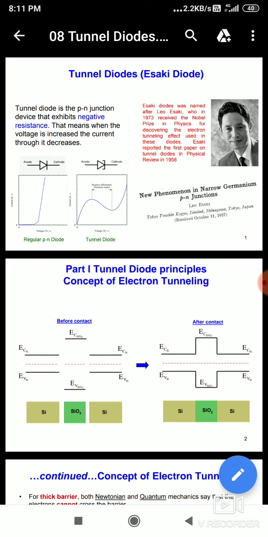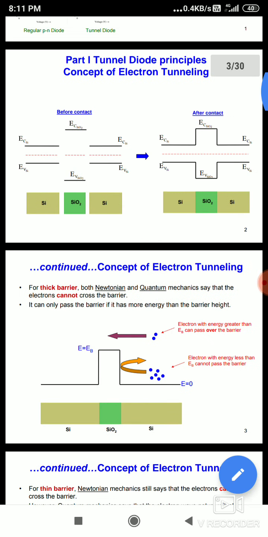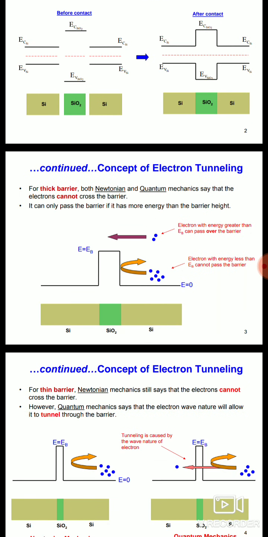One more thing to remember: the valence band and the conduction band energy levels in the n-type semiconductor are slightly lower than the valence band and conduction band energy levels in the p-type semiconductor. This difference in the energy levels is due to the difference in the energy levels of the dopant atoms.